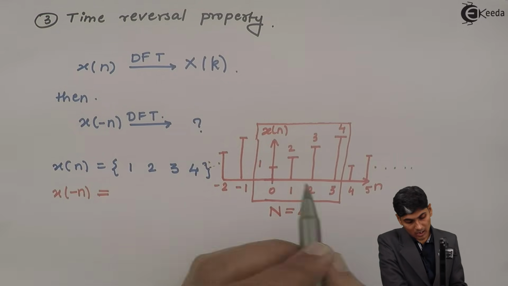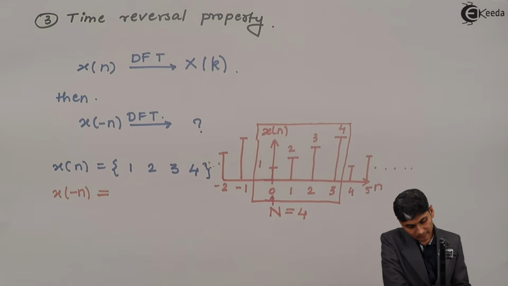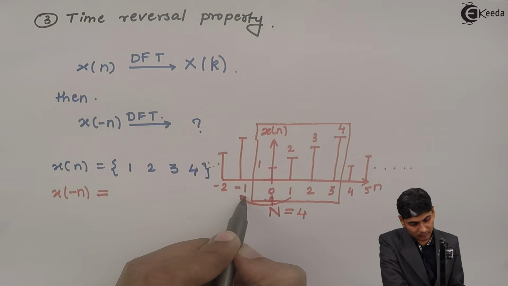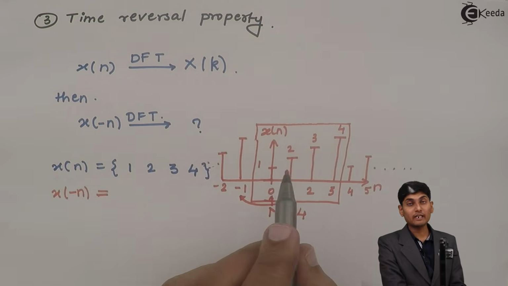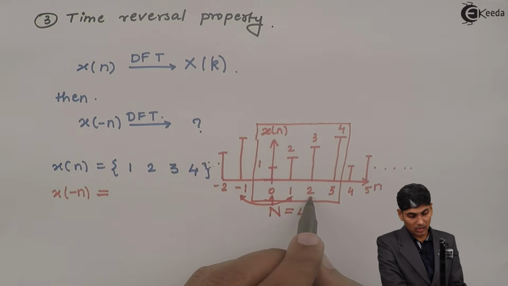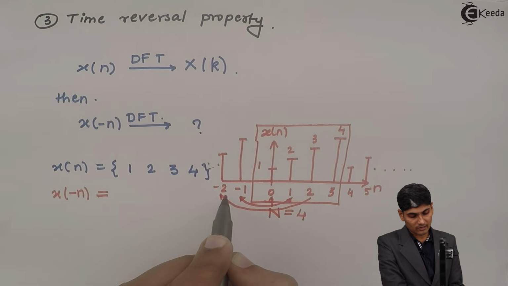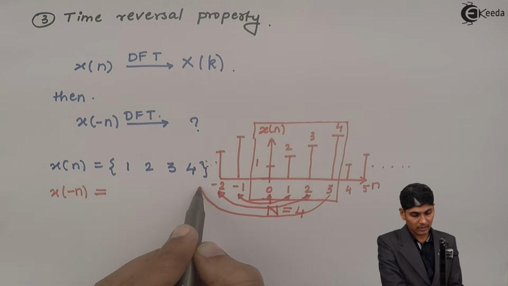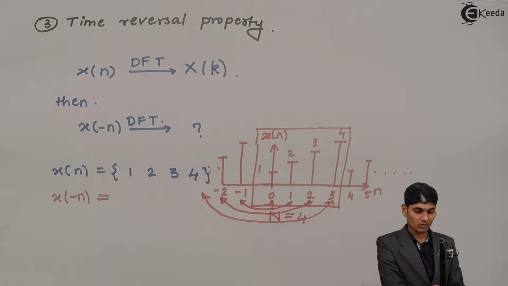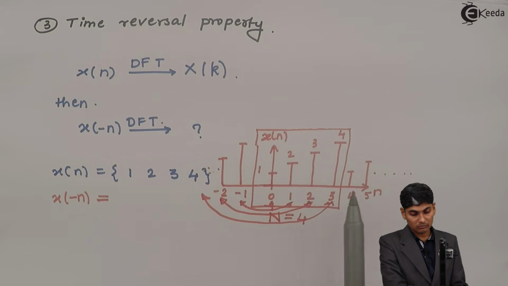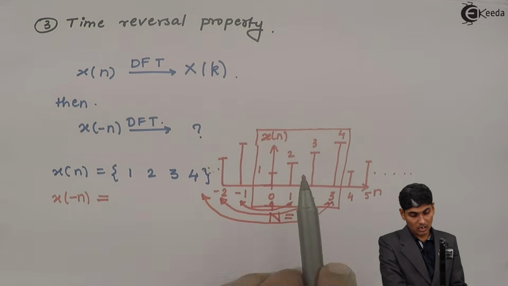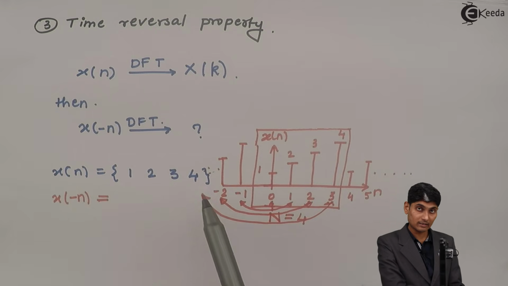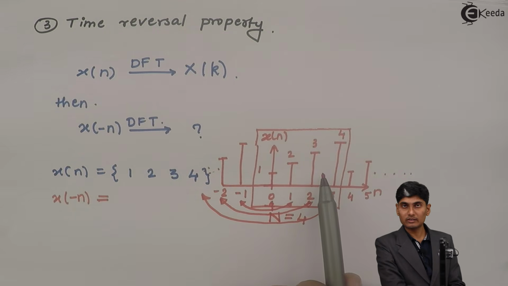Now I'll keep 0 as it is, and the sample 2 will be replaced by n is equal to -1 sample. N is equal to 2 will be replaced by n is equal to -2 sample, and n is equal to 3 will be replaced by n is equal to -3 sample. So in this way all the samples will be mirrored. So these samples will go on the other side of the y-axis, whereas the other side of the y-axis signals will be replicated on this side.